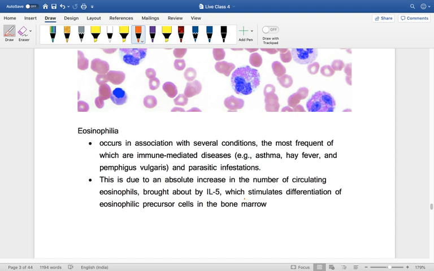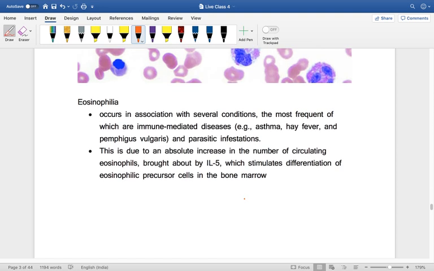Eosinophilia occurs in asthma, hay fever, pemphigus vulgaris also, and parasitic infestation. What is the favorite single liner MCQ? What is the eosinophil stimulating factor? Interleukin 5. You should not forget.